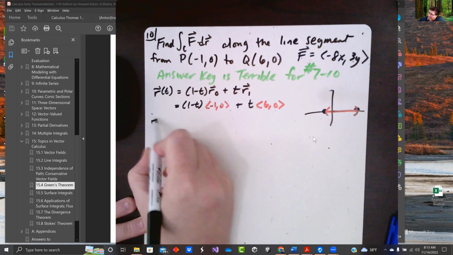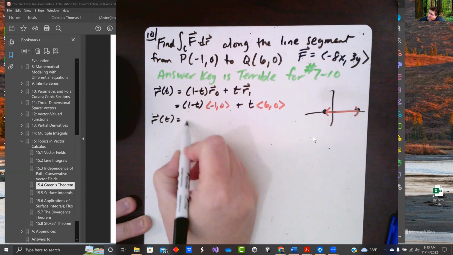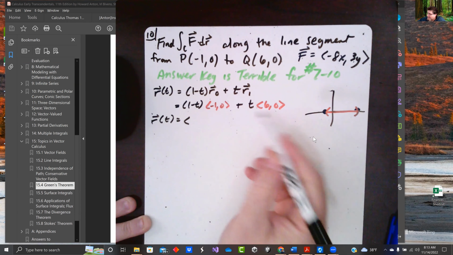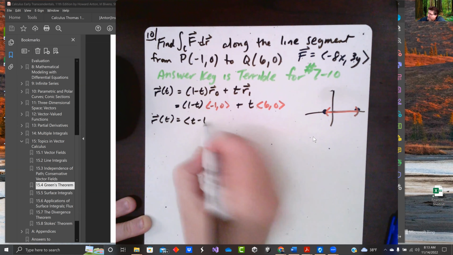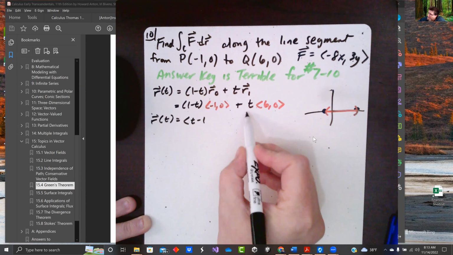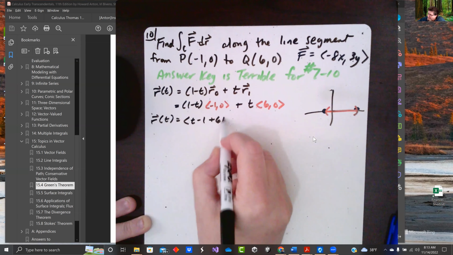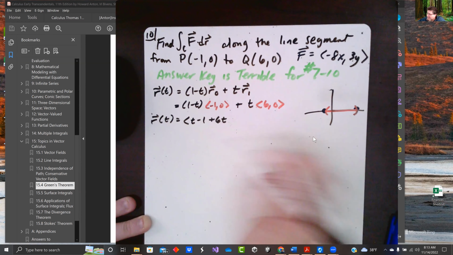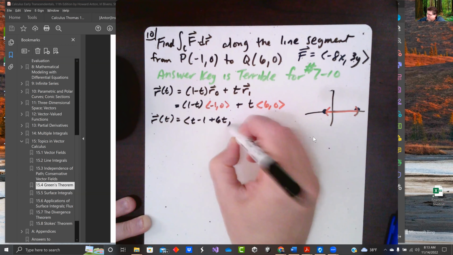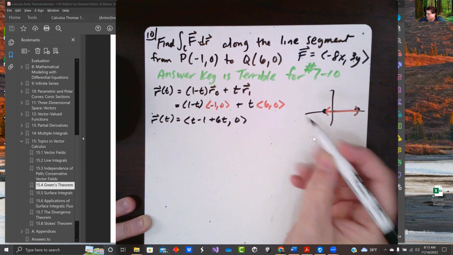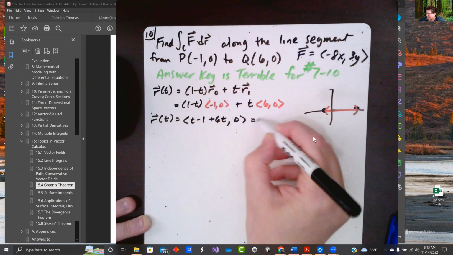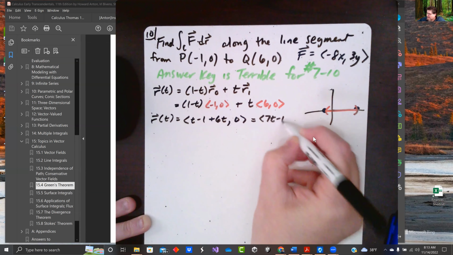For my r, the x component is -1 times (1 minus t), plus 6t. That's my x component, and my y component is 0. What do we have there? We have (7t minus 1, 0).